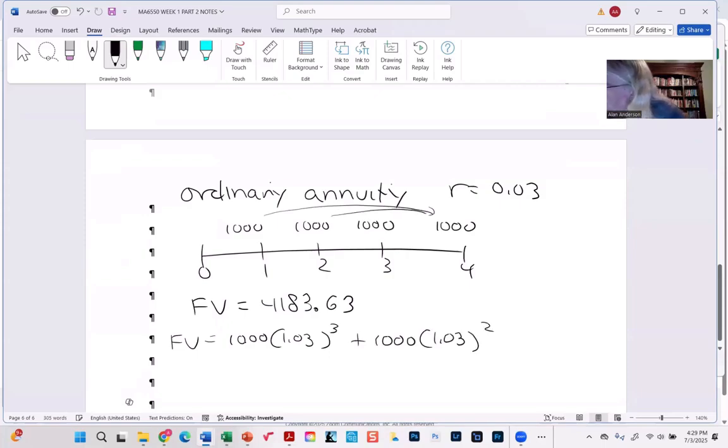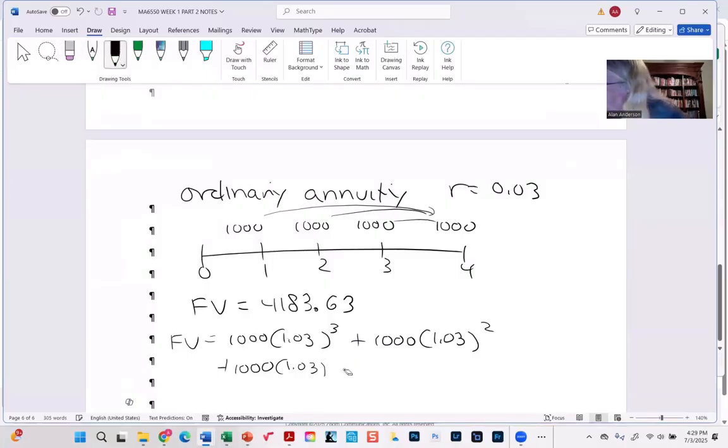The third cash flow is being invested for 1 year. Oh, sorry, I accidentally wrote 2.